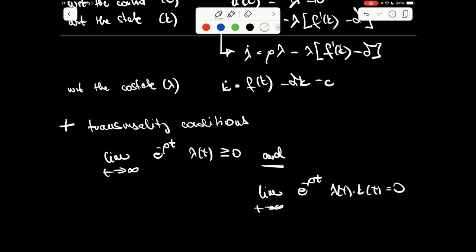So we will work with differential equations. So the solution will be described with the differential equation or equations which are constrained and defined by these necessary conditions.